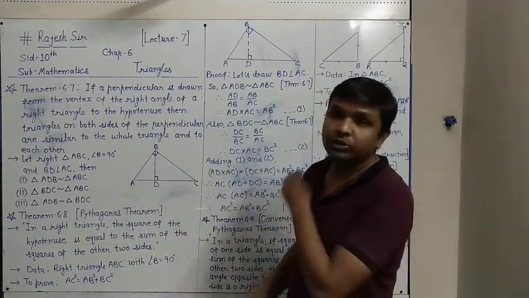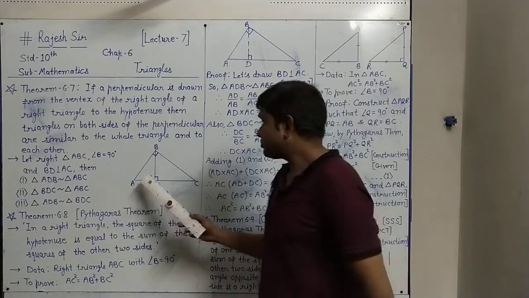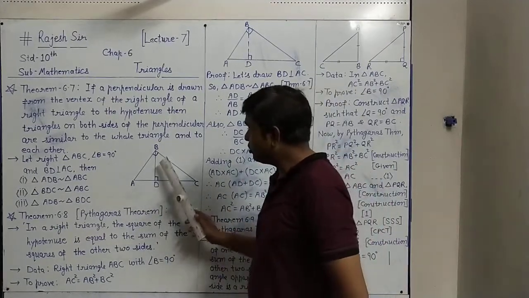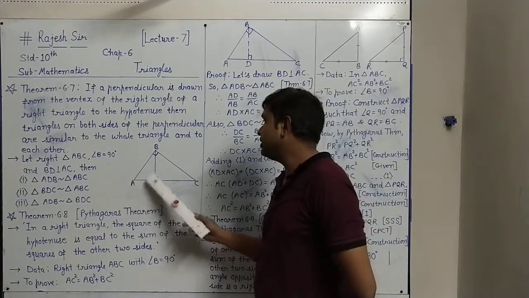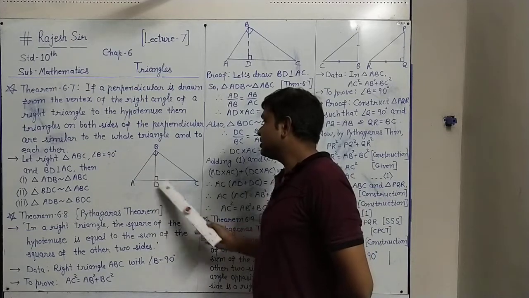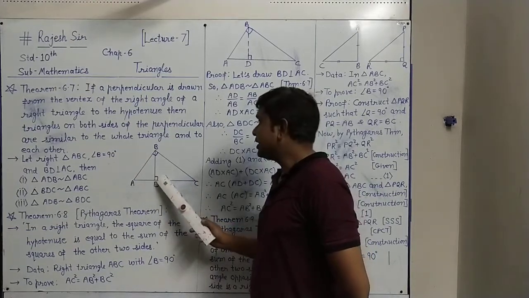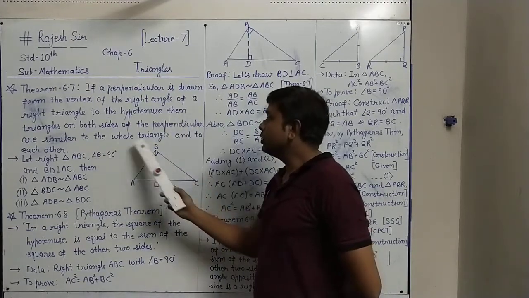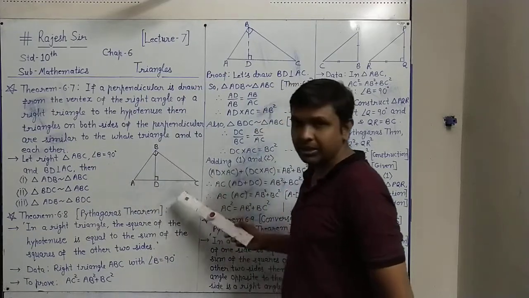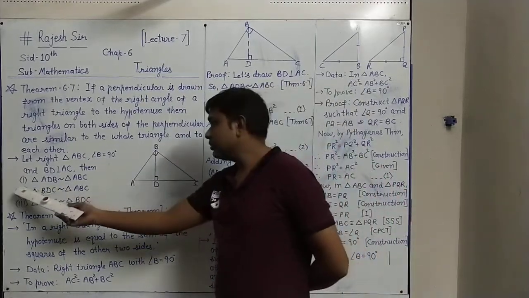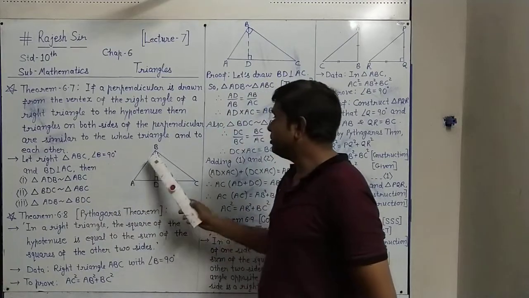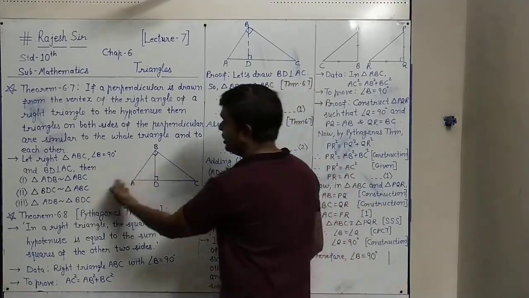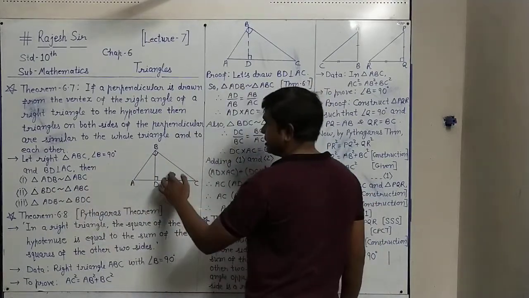So what this theorem wants to say is that by the perpendicular, both side triangles, triangle ADB and triangle BDC, are similar to the whole triangle ABC. Number one, triangle ADB is similar to the whole triangle ABC.